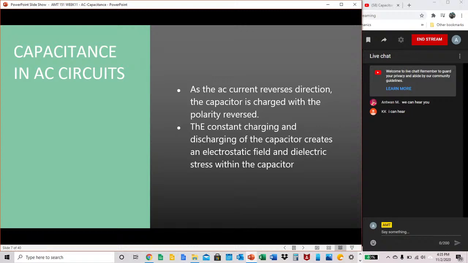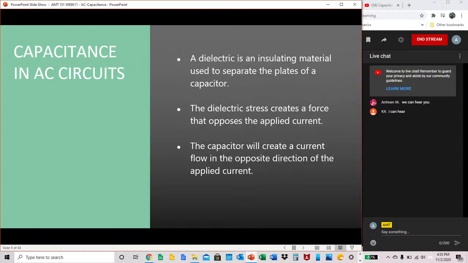As the AC current reverses direction, the capacitor is charged with the polarity reversed. The constant charging and discharging of the capacitor creates an electrostatic field and dielectric stress within the capacitor. A dielectric is an insulating material used to separate the plates of a capacitor.